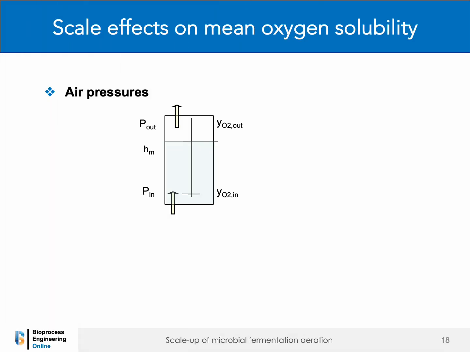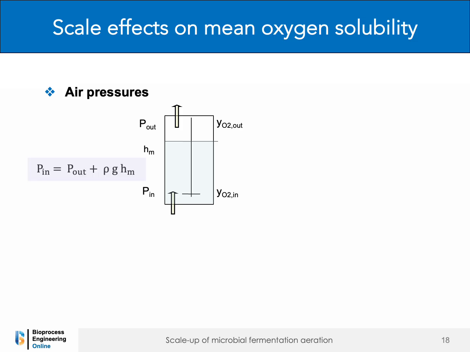The rate of oxygen transfer in a fermenter depends on the mean oxygen solubility in the fermentation medium, which can vary with scale due to increased hydrostatic pressure. As fermenter volume increases, so does the height of the liquid column, leading to a greater pressure difference between the gas inlet at the bottom and the gas outlet at the top.